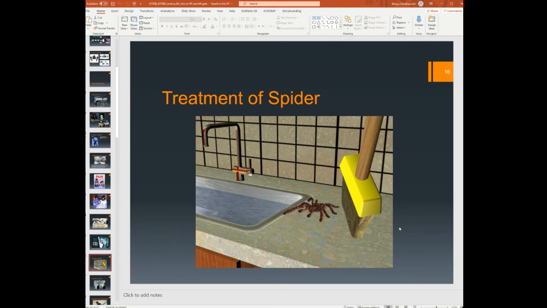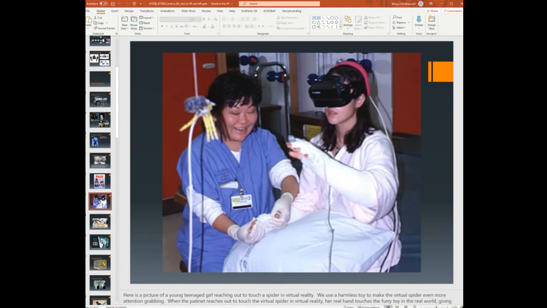The key here is the difference. Going back a few slides, remember that I talked about this one, which is exactly what spiders look like. Although she's not treated for spider phobia, she is clearly being treated for something else.